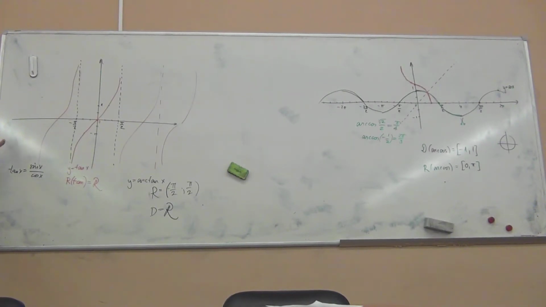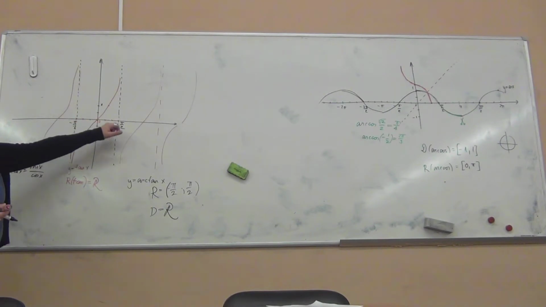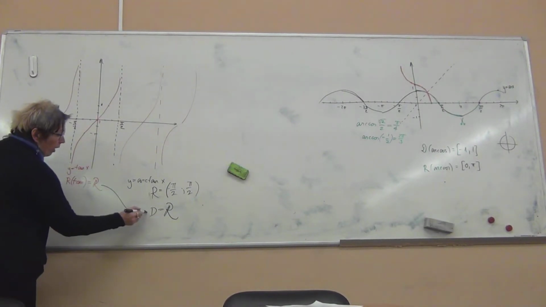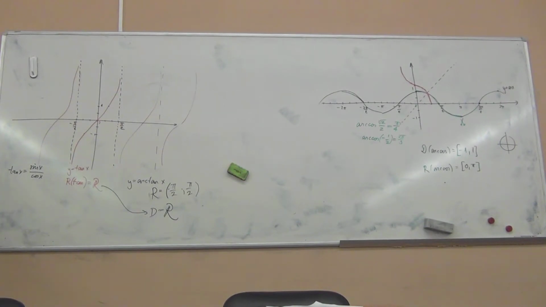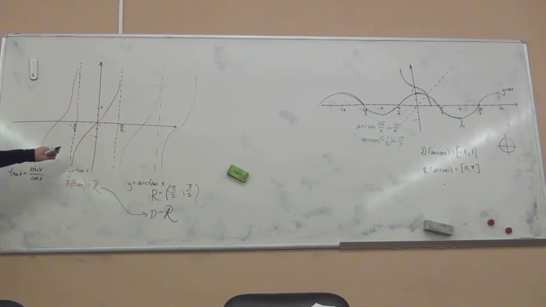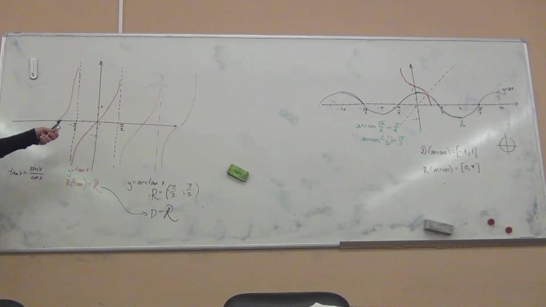The natural domain for the tangent is different, all real numbers except for these pi half times an odd number. But because of this, we can write the domain of the arctangent. What remains is to sketch the graph. So because the vertical asymptotes for the graph of the tangent were at minus pi half and pi half, for the graph of the arctangent, they will be the horizontal asymptotes. Remember, x and y simply switch places.